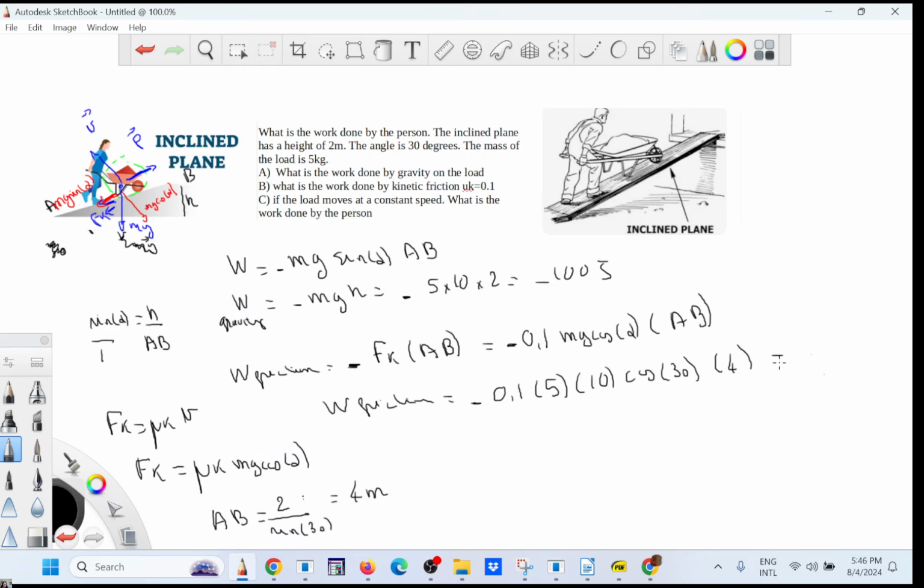So it's going to be about minus 17 joules.